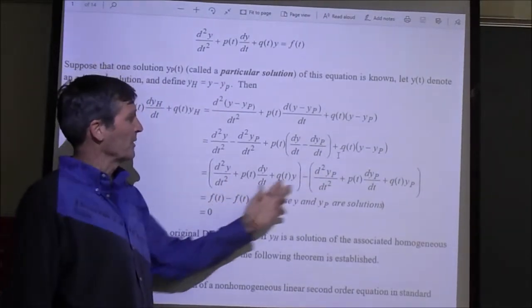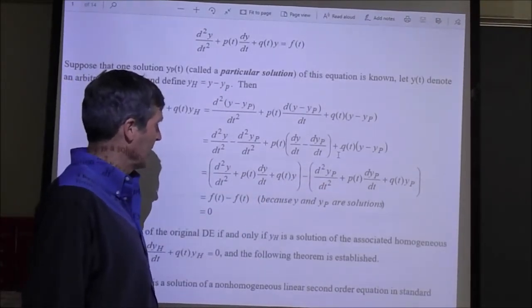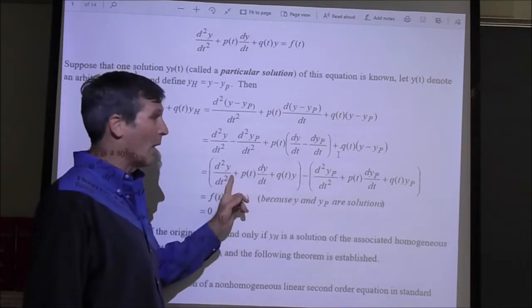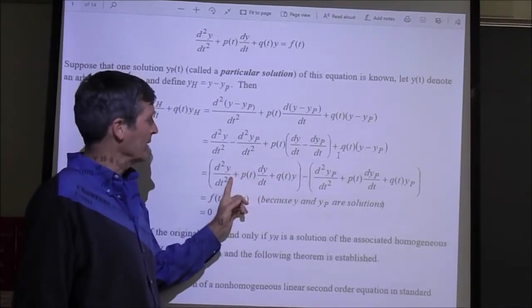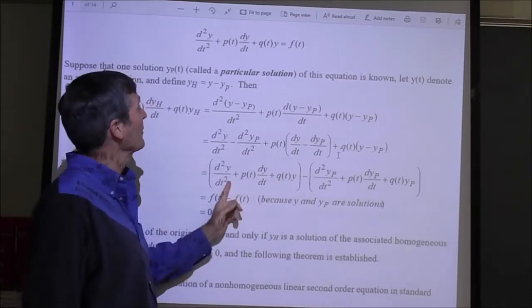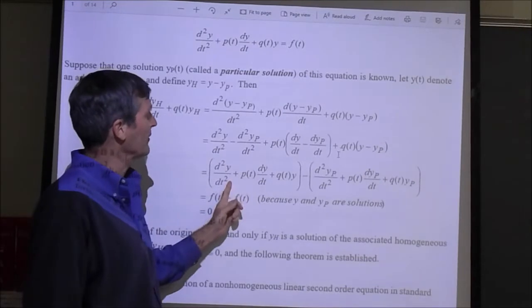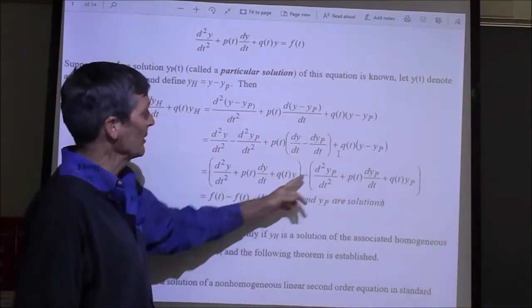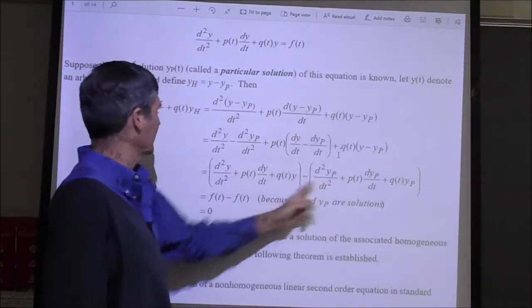And when you group them into two groups, you realize all of a sudden that because y represents an arbitrary solution, it doesn't matter which one it is, you always get from this, in the differential equation on the left, f of t on the right. So this is equal to f of t. Similarly, yp is one solution, so when you put it into the left side, you also get f of t. This is f of t minus f of t.